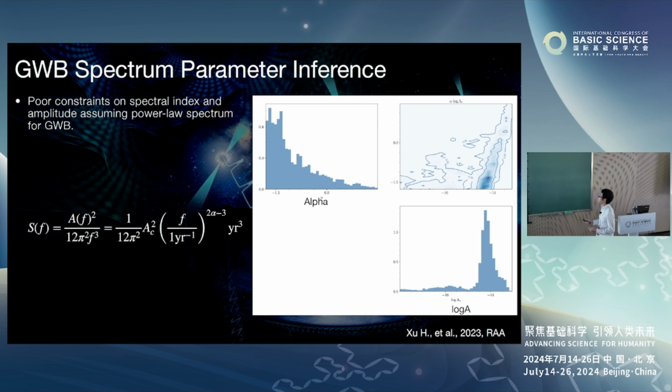And this figure shows how the results look. We do see some signal in the amplitude. However, the constraint on the spectral index is somewhat very loose.